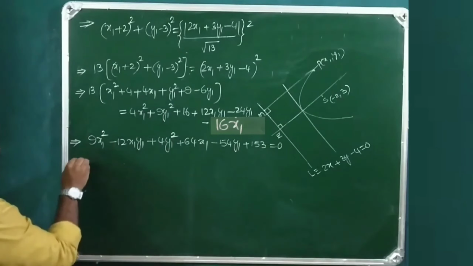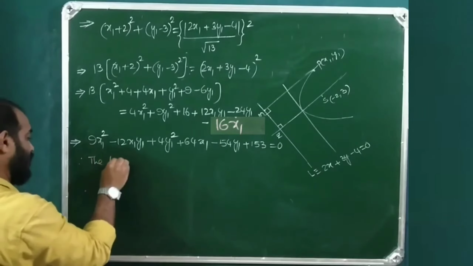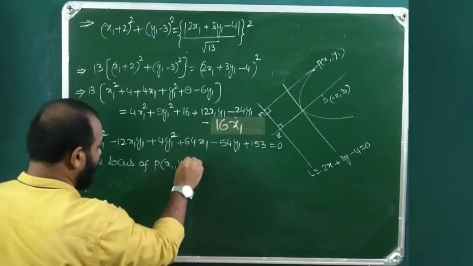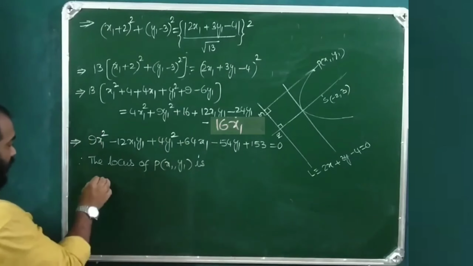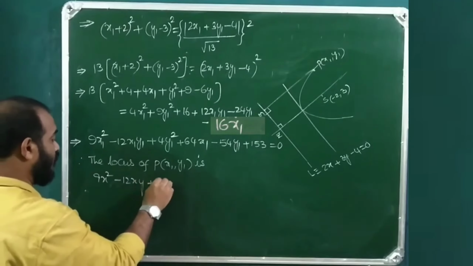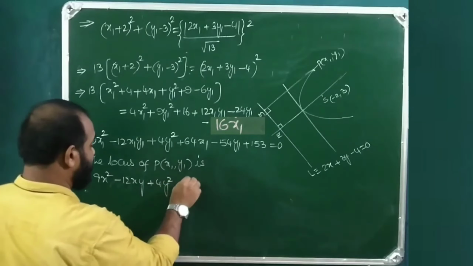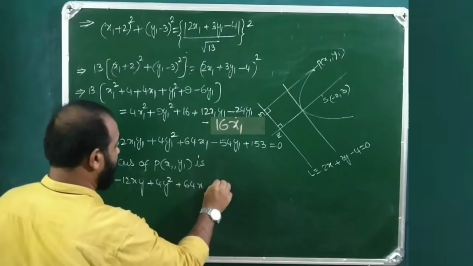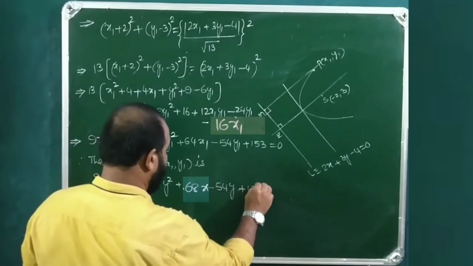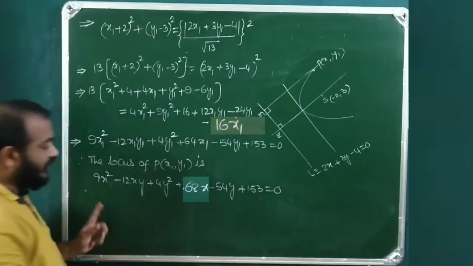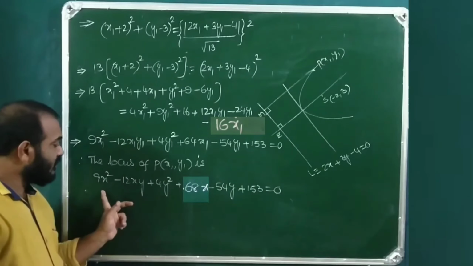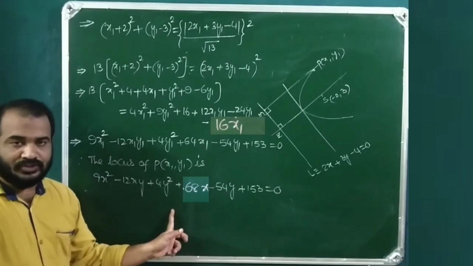Therefore, the locus of P(x1, y1) is 9x square minus 12xy plus 4y square plus 64x minus 54y plus 153 equals 0. This is a second degree non-homogeneous equation.